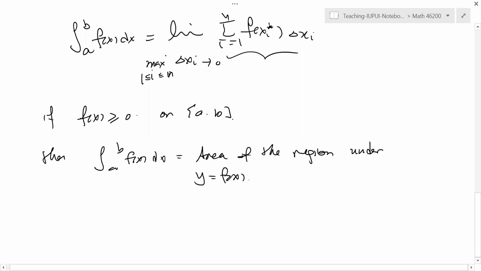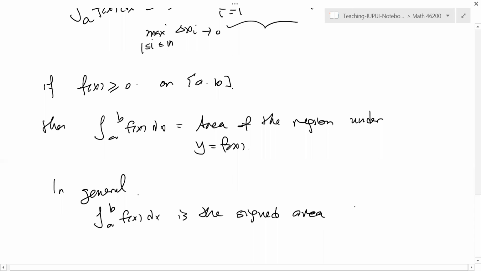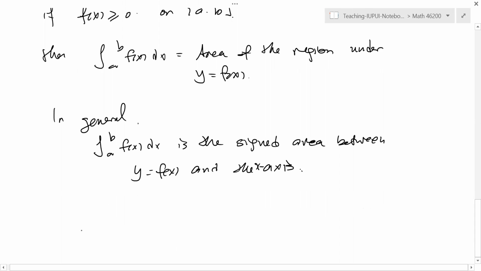Otherwise, the geometric meaning of this integral is, in general, the total signed area. We call it the signed area, not necessarily positive, between y equals f of x and the x-axis.